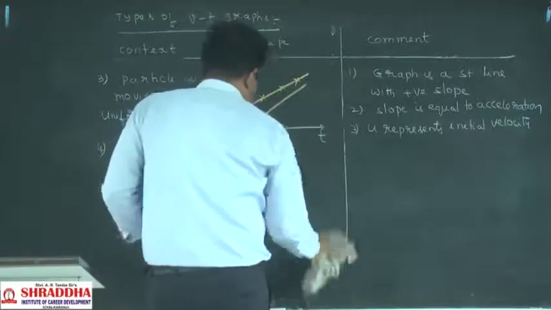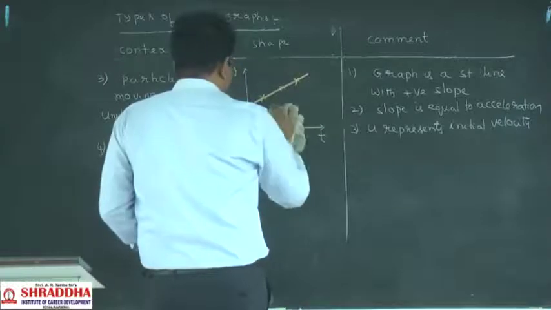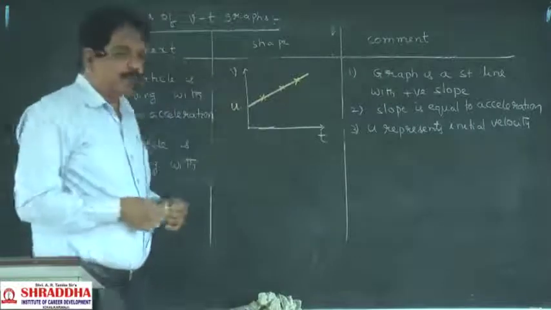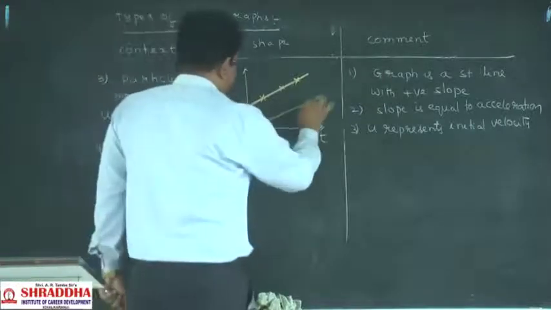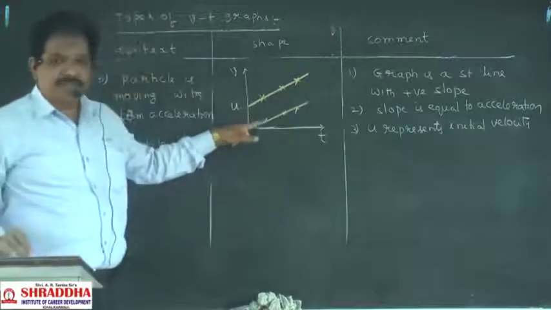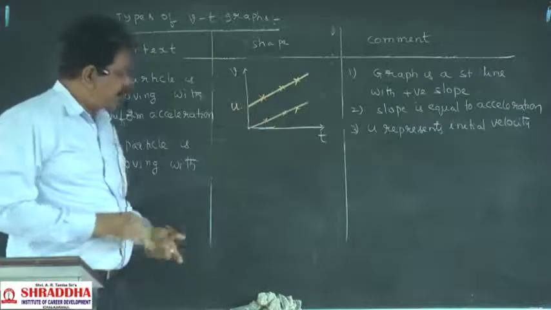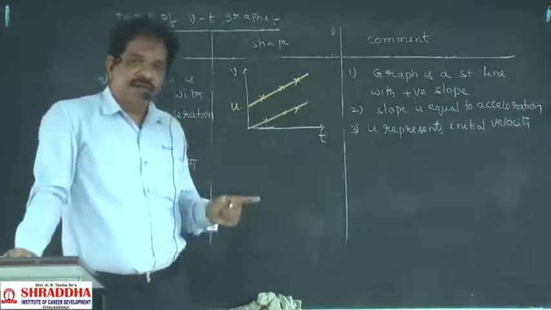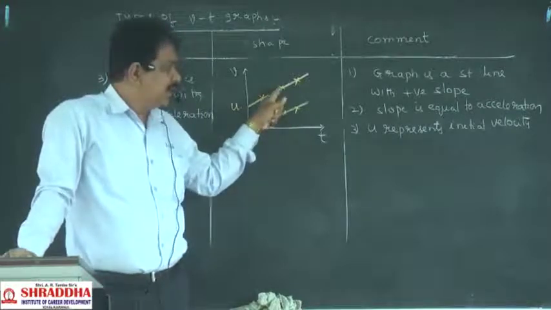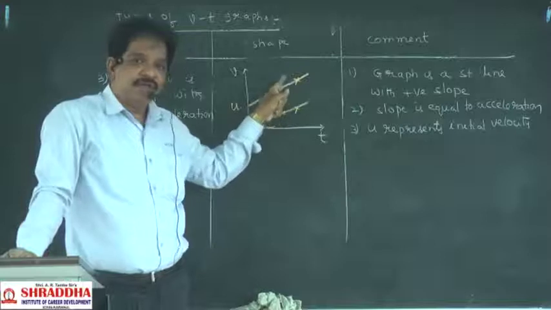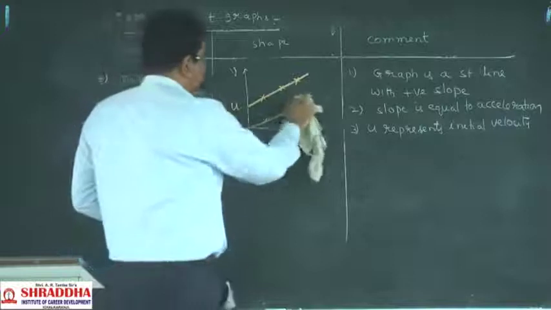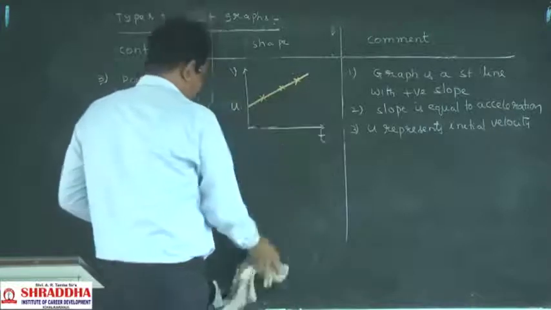If the particle is not started from rest, then graph shape will be like this. If the particle started from rest, graph shape will be like this, remember. This is representing a particle started from rest and moving with uniform acceleration. A particle having initial velocity and moving with uniform acceleration, this is the graph. Small difference will be there between the two.